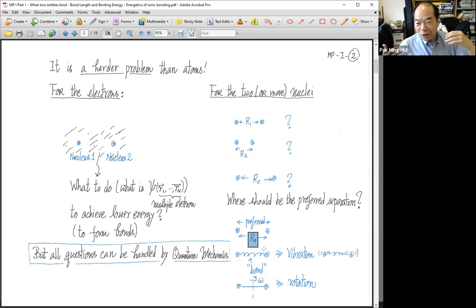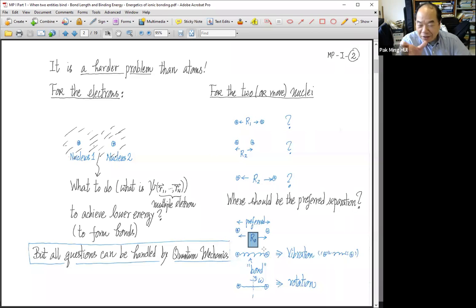So you can think about it. We have a way to solve the problem now. I have two nuclei. I don't know what the best separation is. So I try different ways. Longer, solve the electronic wave function, find the energy. Smaller, do it again. Smaller, do it again. And smaller, do it again. And search over different separations.